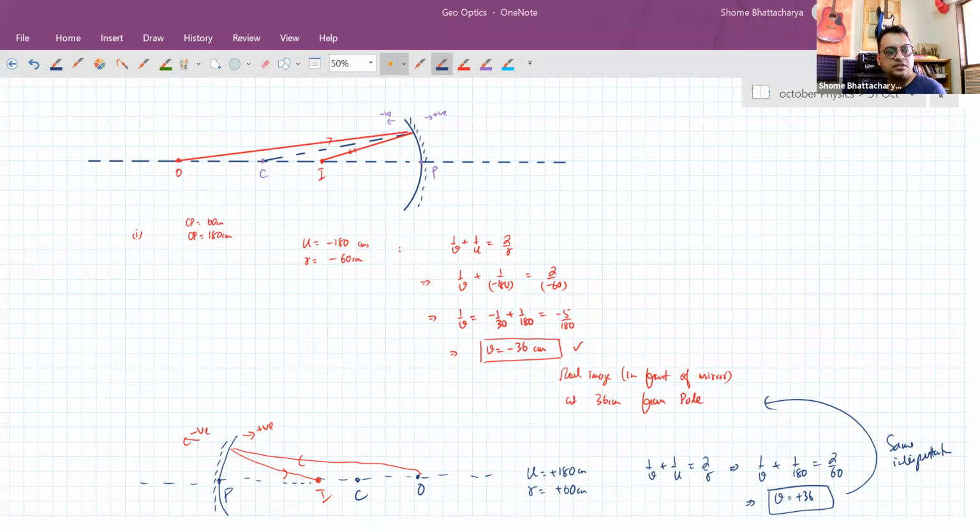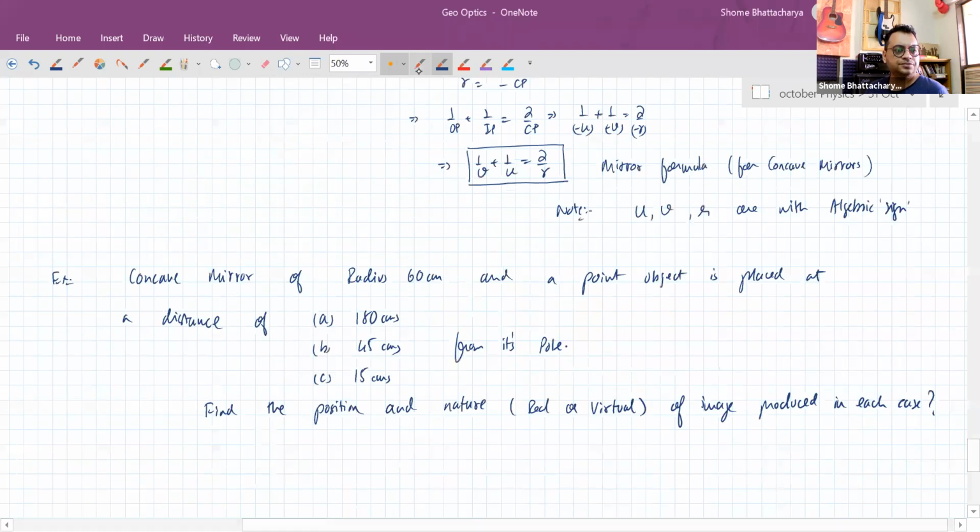Then also you'll get the correct answer, because basically you are just multiplying the whole equation with a minus sign. So it doesn't make a difference. You're understanding the point? If I say x is equal to y, minus x is equal to minus y is also correct. Okay. But the thing is, we don't need to do that. We can just use a Cartesian sign convention. It's like a Cartesian coordinate frame based kind of system. So it is independent of all that.